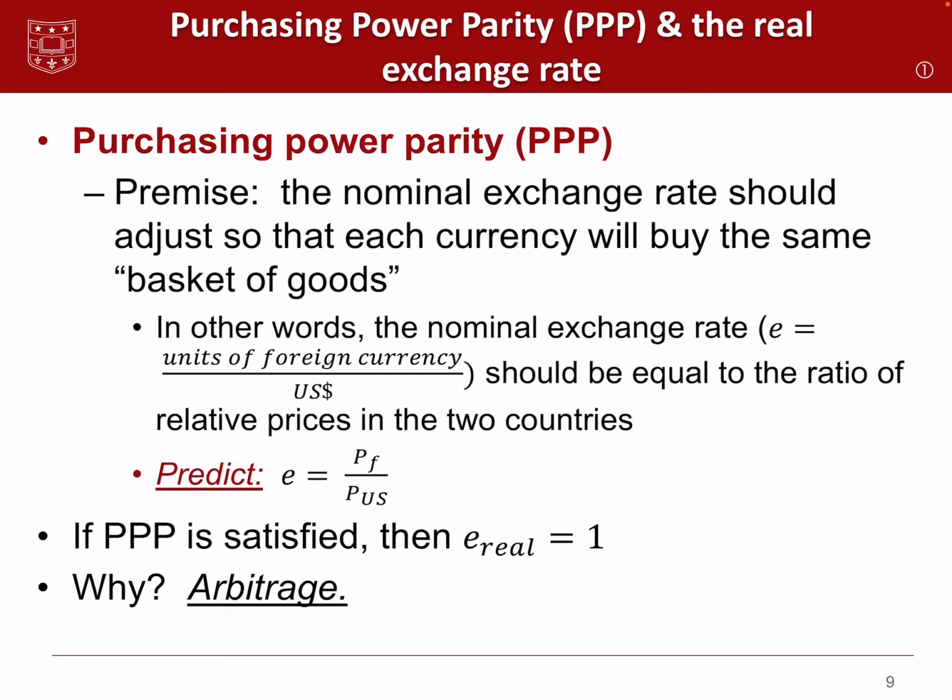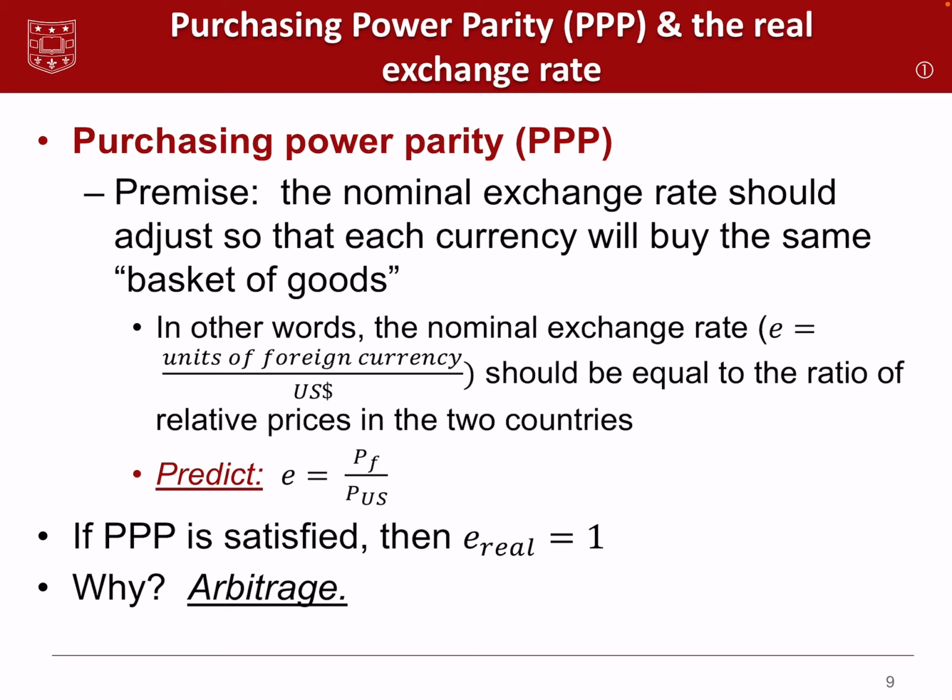So purchasing power parity is a premise that the nominal exchange rate should reflect differences in purchasing powers in countries. So the nominal exchange rate should adjust, meaning move up or down, so that every country, every currency will be able to buy the same basket of goods and services. So, in other words, the nominal exchange rate, which again is units of foreign currencies, say per US dollar, should be equal to the ratio of the relative prices in the two countries.